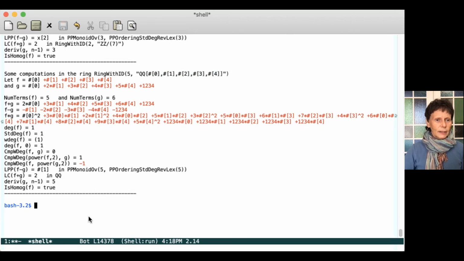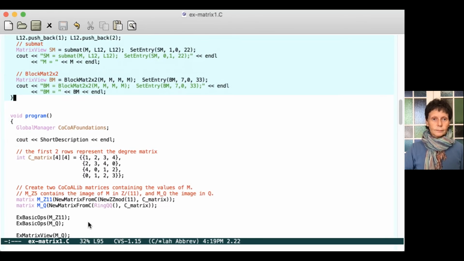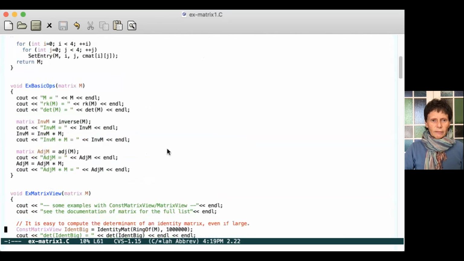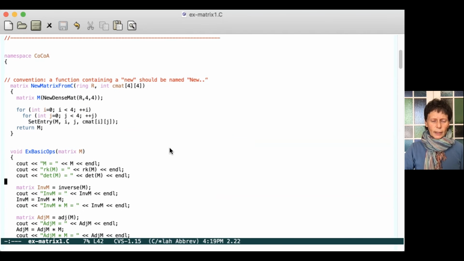And last, I want to show you something about matrices. Matrix 1. Because we haven't talked about them so much in CoCoALib. So it is tricky to write a matrix.